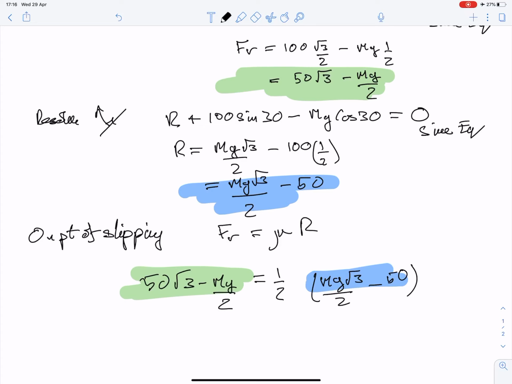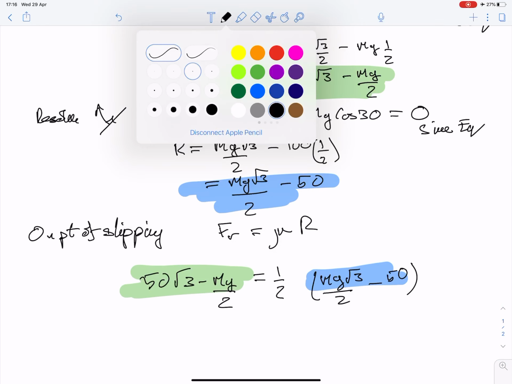So the question says find m. It looks like we've got to collect all the m's together and move everything else to the other side in the usual way. First of all, let's get it all on one line. So let's multiply through by 2.